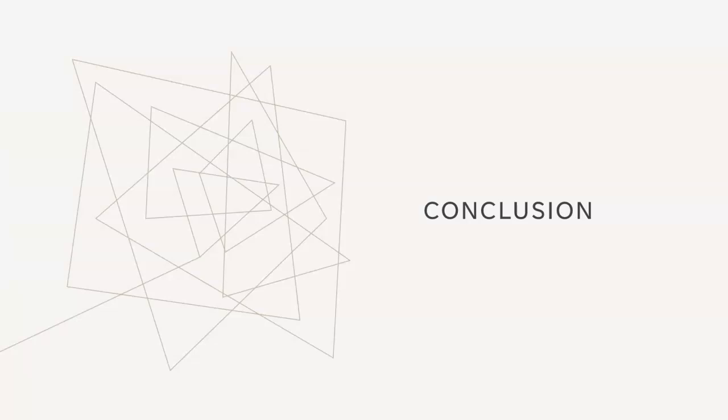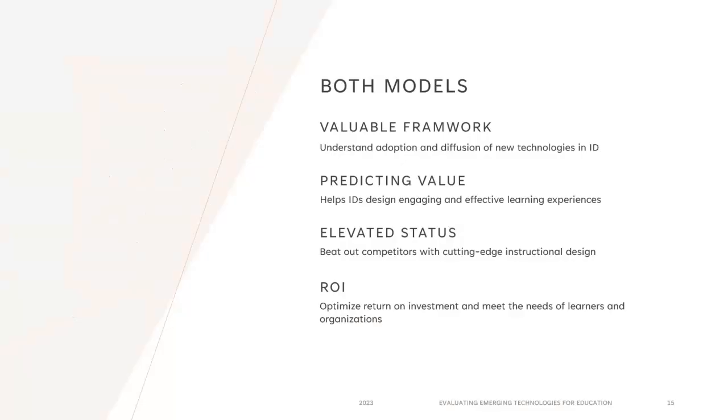Now, for our conclusion, we'll look at what both models bring to us when they're in combination. Okay, both of them provide a valuable framework for understanding adoption and diffusion of new technologies in instructional design. They help predict the value of emerging technologies so that we can design engaging and effective learning experiences.